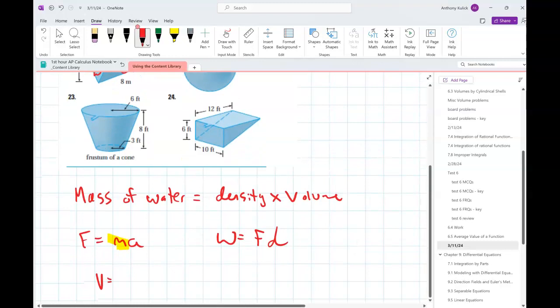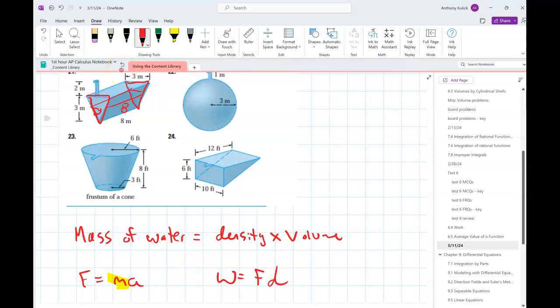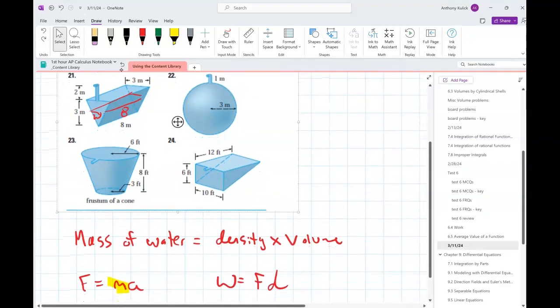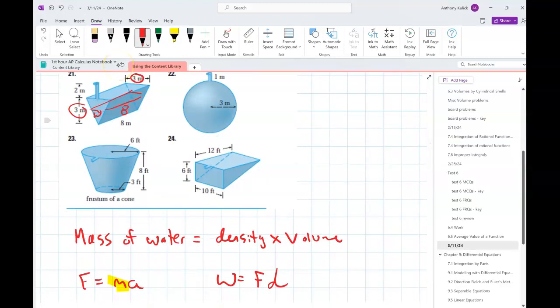So I know the volume of this figure is going to be area of the base times the height because it's a rectangular prism. The bases here are going to be these triangles, right? And the height there is the 8. So that triangle, we're told, has height 3 and base 3.